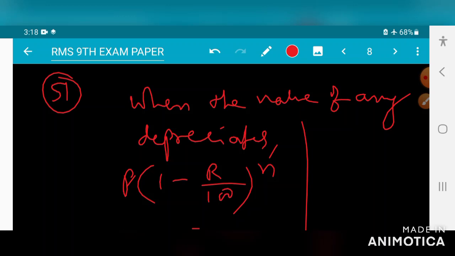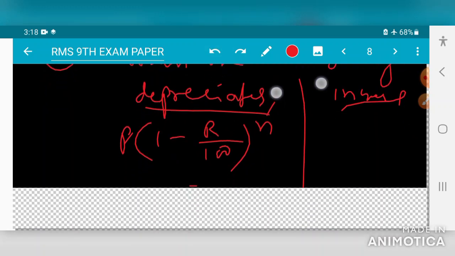Okay, this is the depreciation case. If it is increasing, the plus sign comes here instead of minus. Right, so we want only the depreciation percentage.